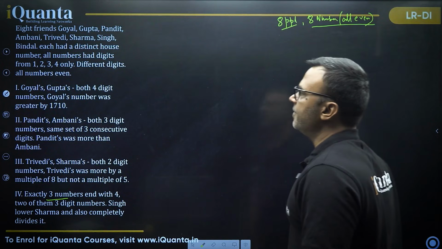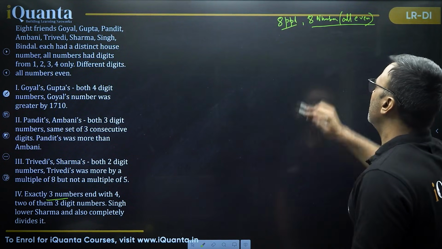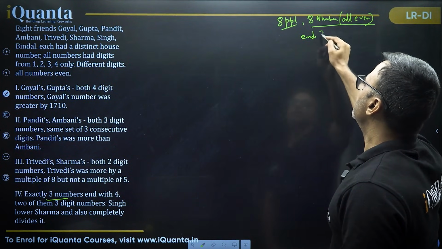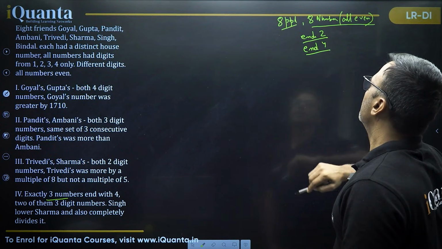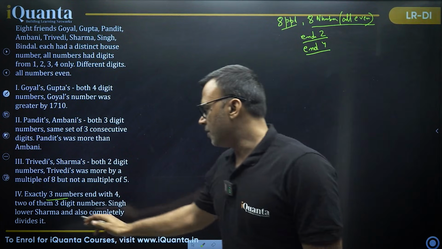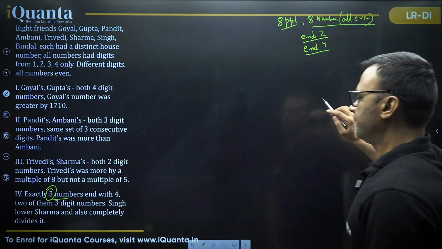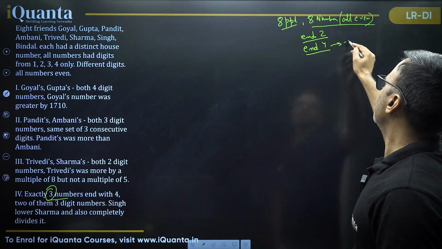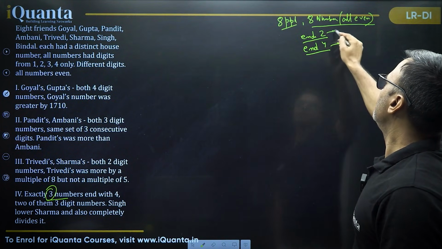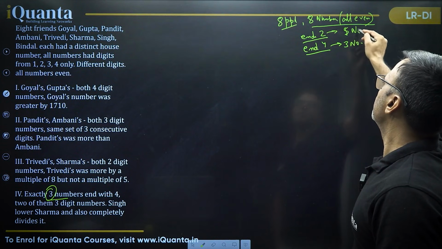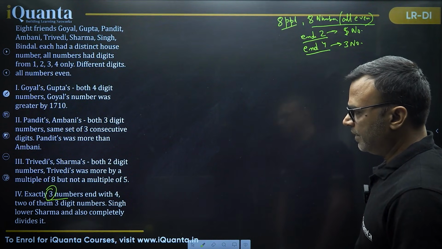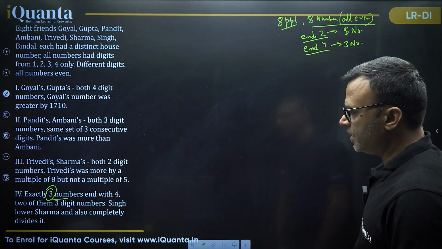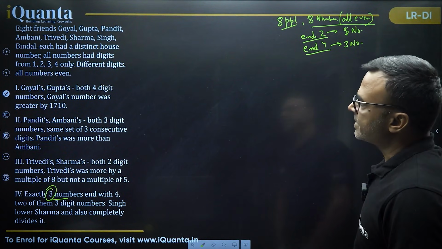If all of them are even, made up of 1, 2, 3, 4, so end with 2 or end with 4. Ending in 4, there are only 3 numbers, and ending in 2 will be 5 numbers. Right. So this information I have written. There is no number which is of 1 digit. There are some numbers of 4 digits.